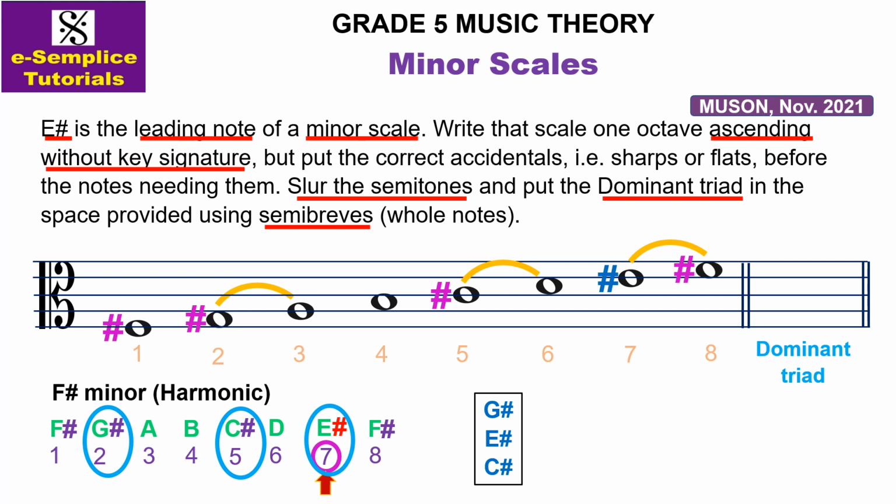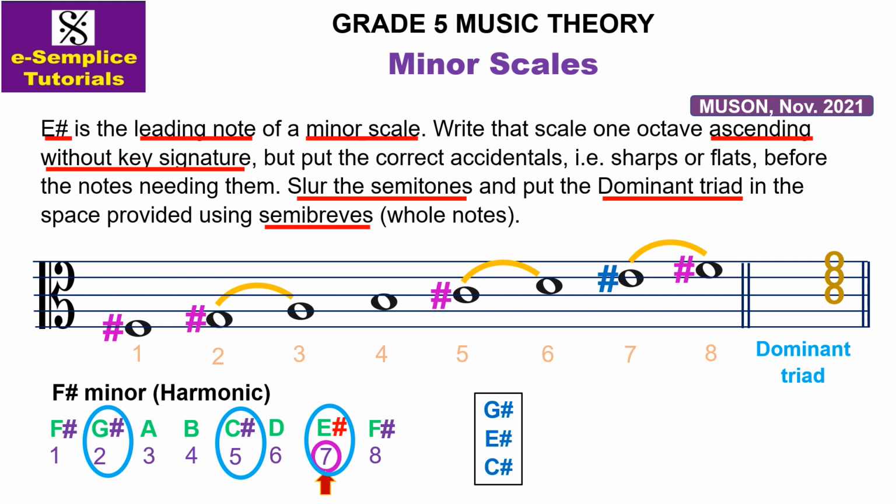Remember that there are guidelines as to how to write accidentals on triads, and if you are not very sure, please see our video on how to write accidentals on triads. So the first thing here is put C on the stave, put E on the stave, and put G on the stave.